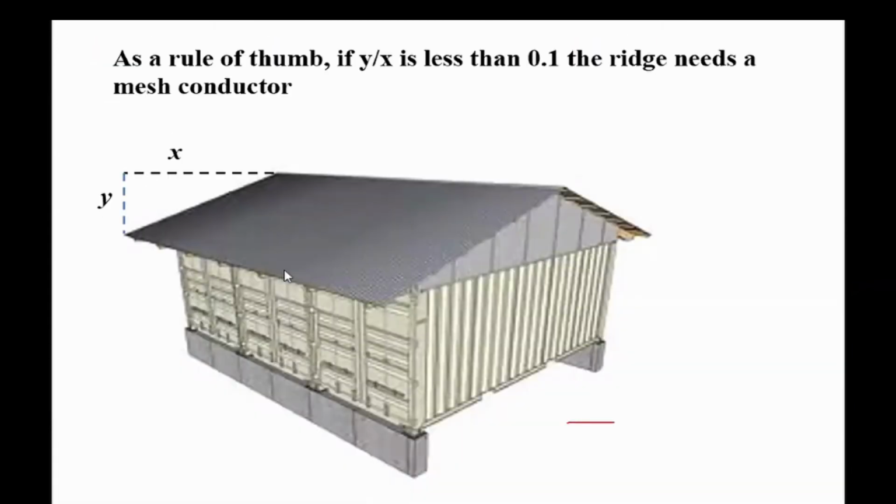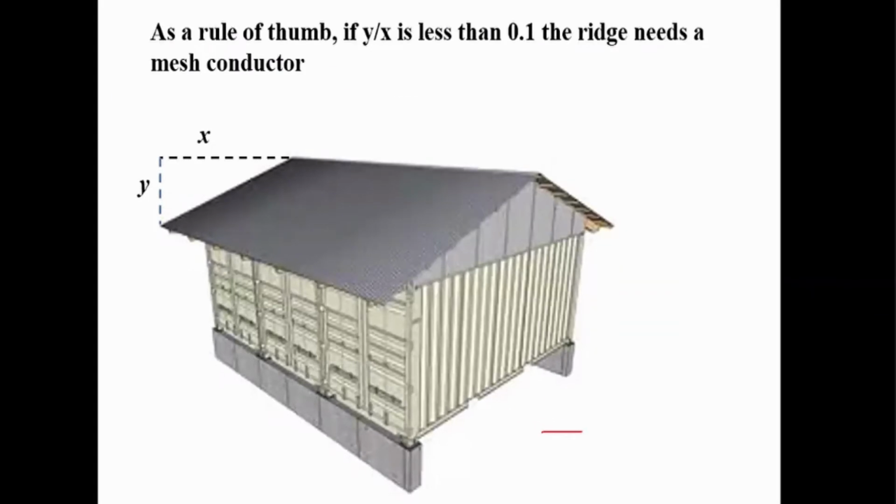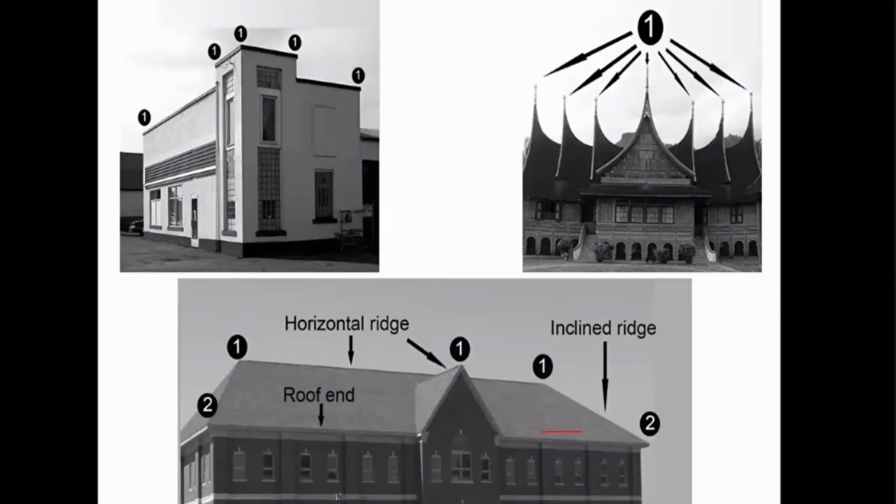And as a rule of thumb, we say that in a building like this, if y over x is less than 0.1, the ridge needs a mesh conductor at the roof edges as well, apart from the roof ridge. And these are the cases where you need lightning protection.